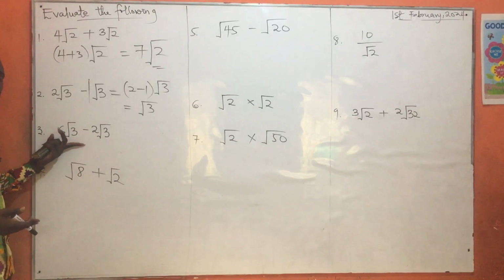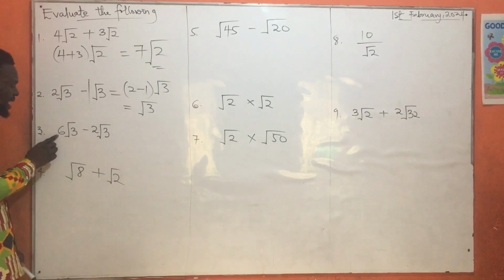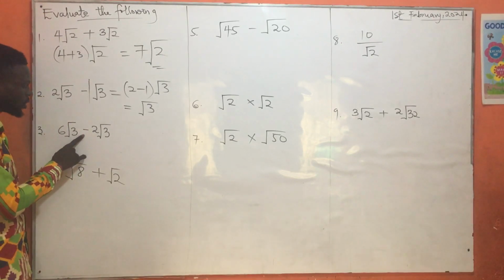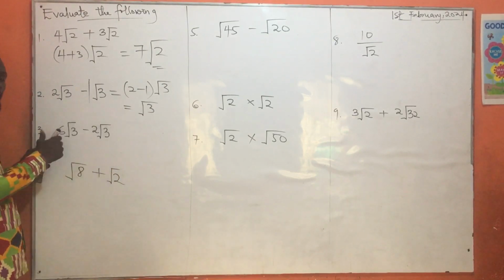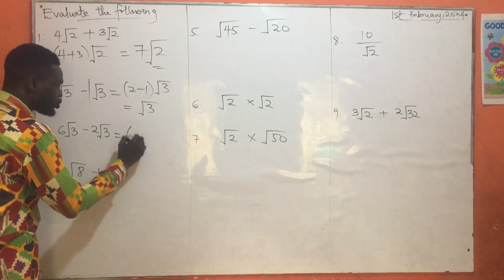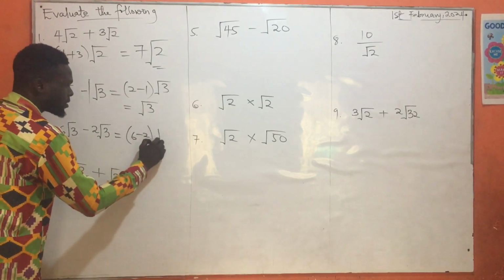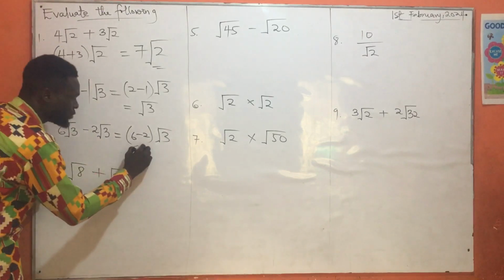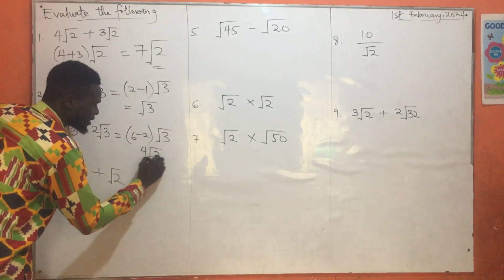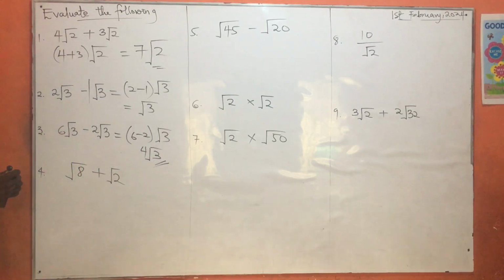The final one under this 2, you have 6 root 3 minus 2 root 3. Because the surds are equal, we just subtract the coefficient, which is 6 minus 2, and that gives you 4 root 3 as your answer.